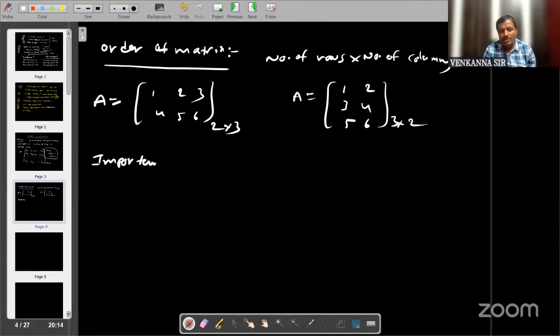Next, very important notations you have to follow. What are the important notations we have? i, j, m, n.